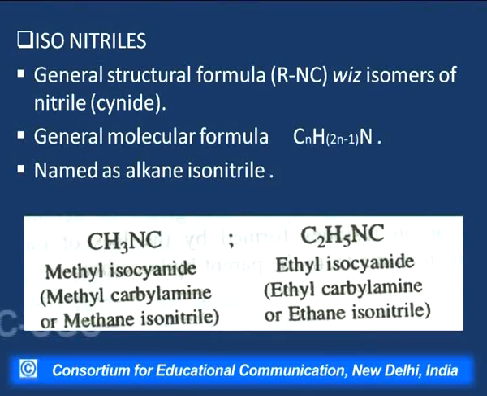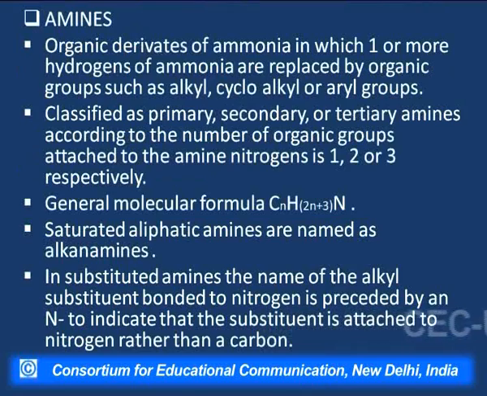So there is a heteroatom between the two carbon atoms, and this carbon atom of the functional group will not be included in the parent chain. So now the name becomes methane isonitrile. Although it has two carbons, the main carbon chain alkyl part has only one carbon, so it is methane isonitrile, and the next one is ethane isonitrile.